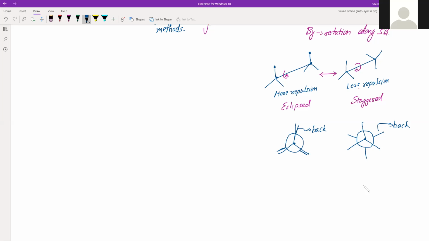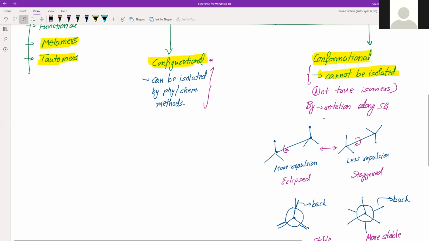The ones which you see as complete lines are in the front. And what did we say about this? This is eclipsed, with more repulsion, and because of more repulsion it will be less stable, and this one will be more stable. So that is about these conformational isomers, which are not true isomers.